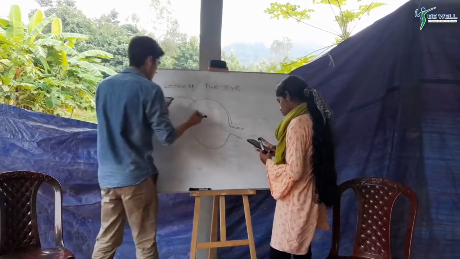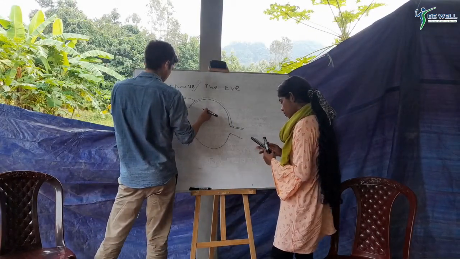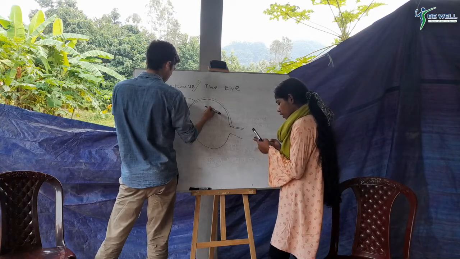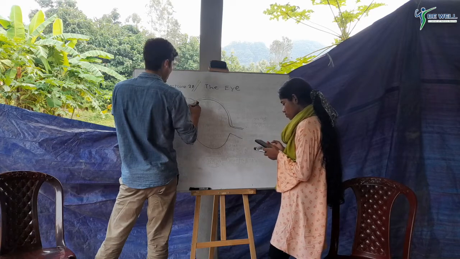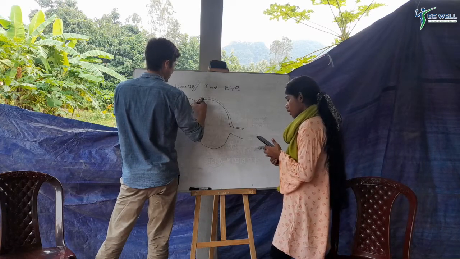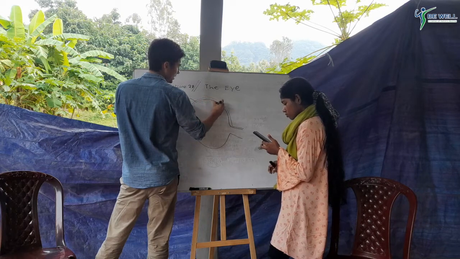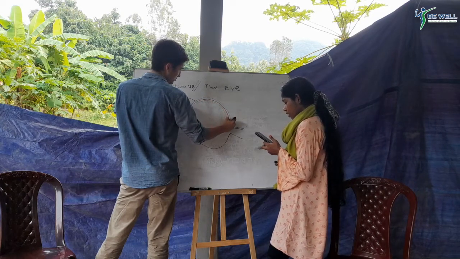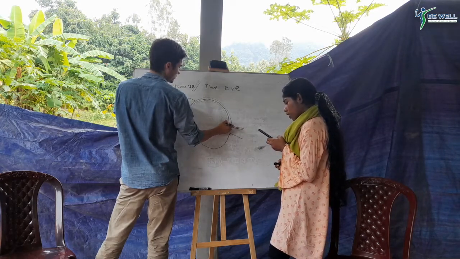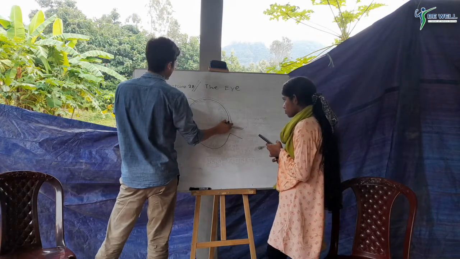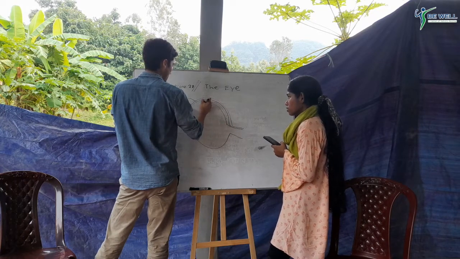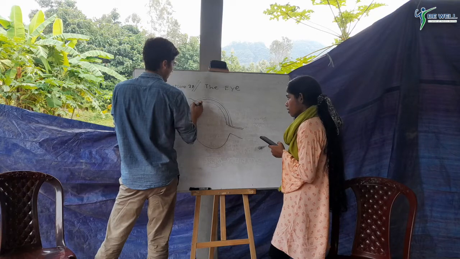And now, inside, we have two layers. I'm only going to have you learn one of them. This middle layer you don't need to know, so I won't write it on the board. But it does have a name. The innermost layer is called the retina.